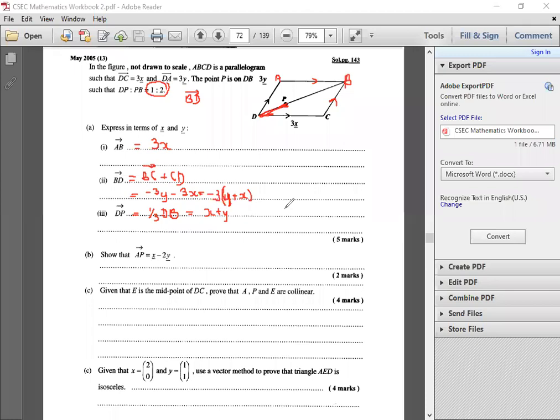All right, no question. So next we're asked to show that AP is equal to x minus 2y. So AP, which is here. How do we get to AP?